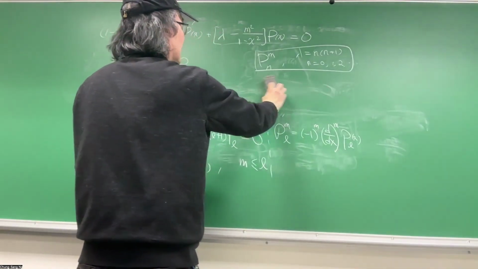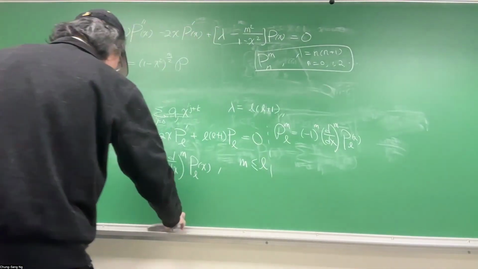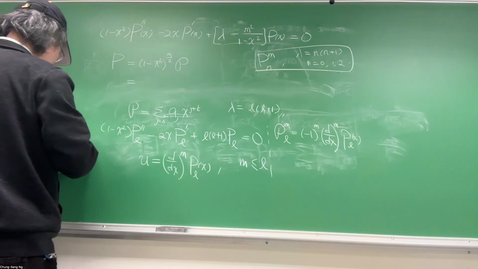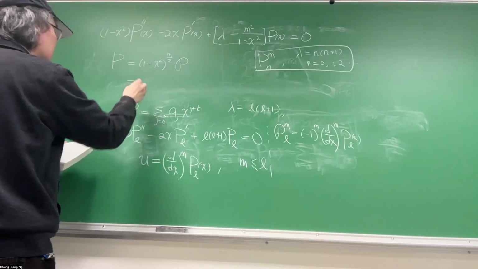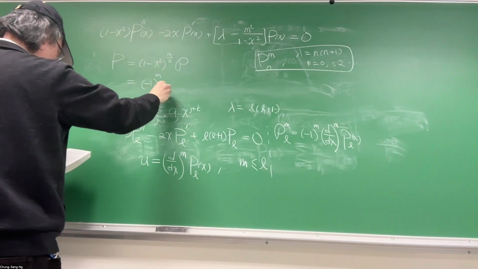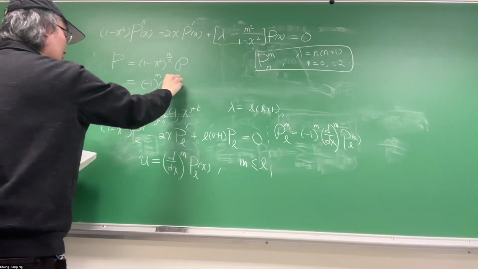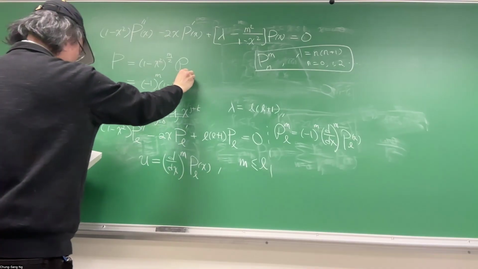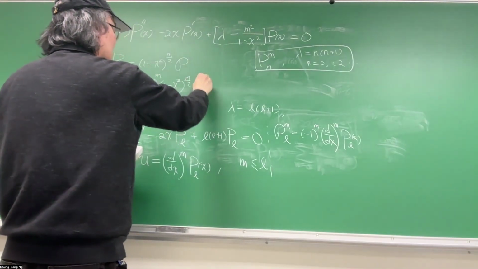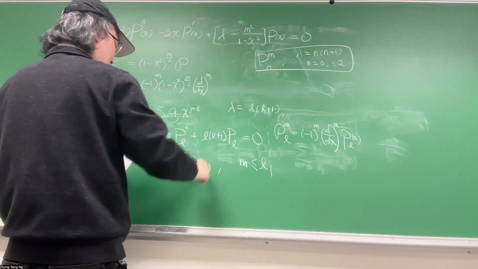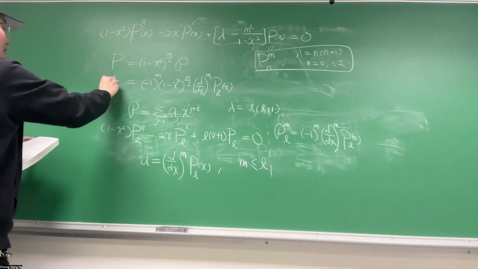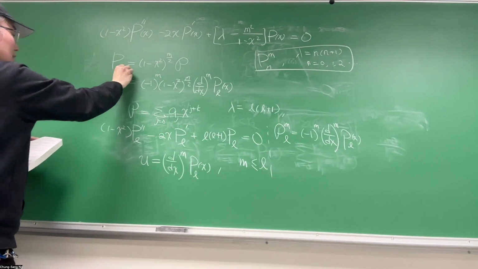Now for different m and different l, the definition is with the factor multiplied by here, and then you have this dx m, the m-th derivative of this P sub L. And then we define this as your P sub L m.